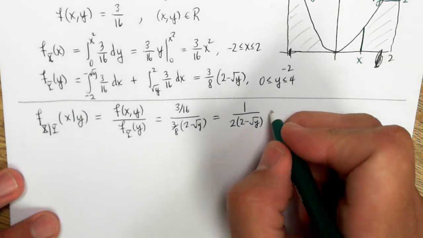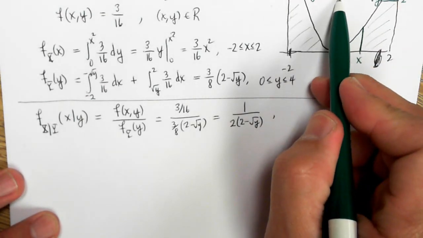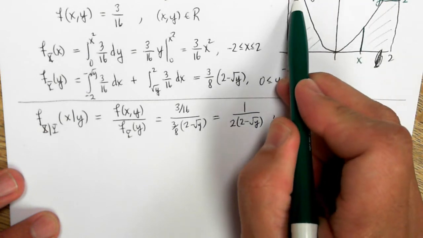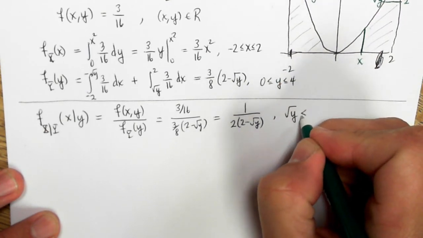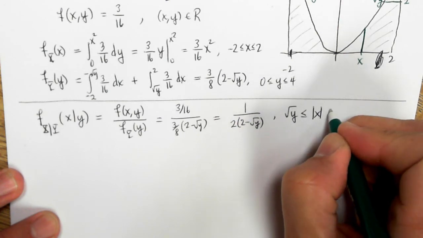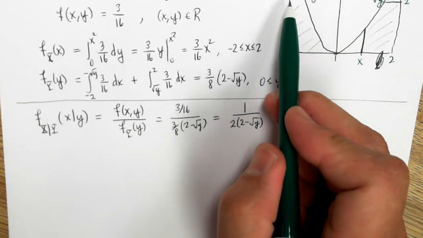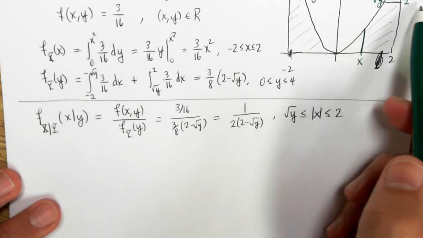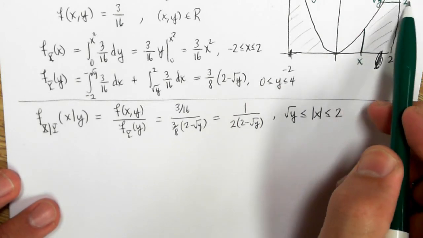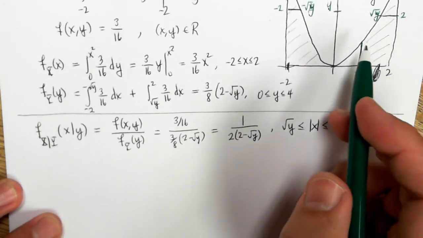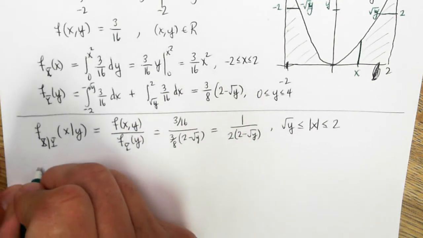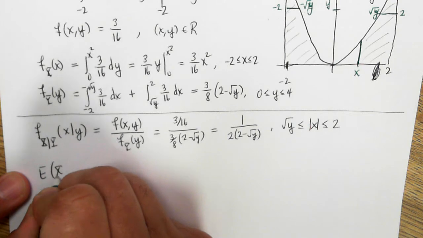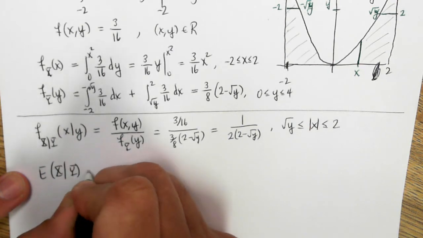Now what are the possible values of x for this? If y is fixed, x must be on one of these two lines here. So square root of y is less than or equal to the absolute value of x, which is less than or equal to 2. So x could be between -2 and negative square root of y, or x could be between square root of y and 2. Therefore, we compute the expected value of x given y.